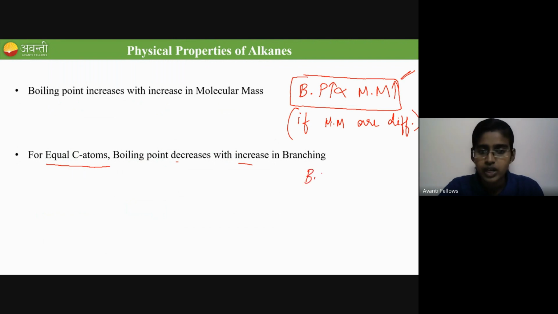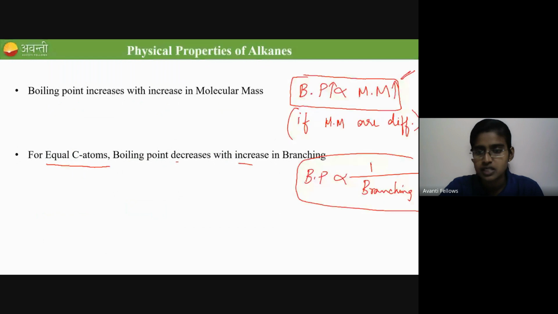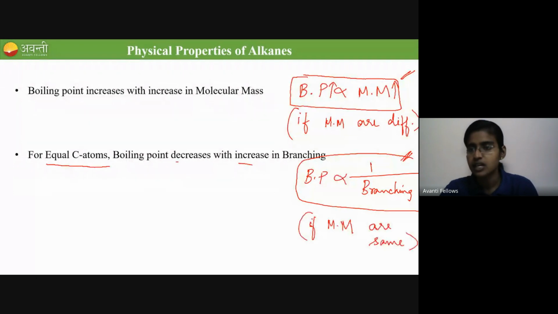So boiling point is inversely proportional to branching. You are going to use this second relation if the molecular masses are the same.